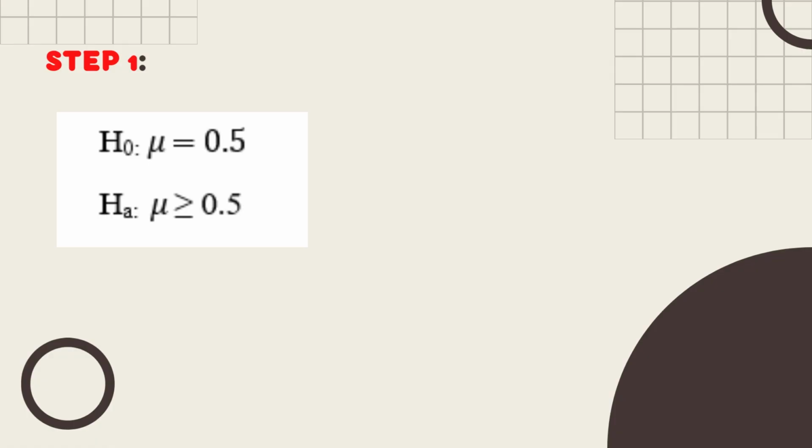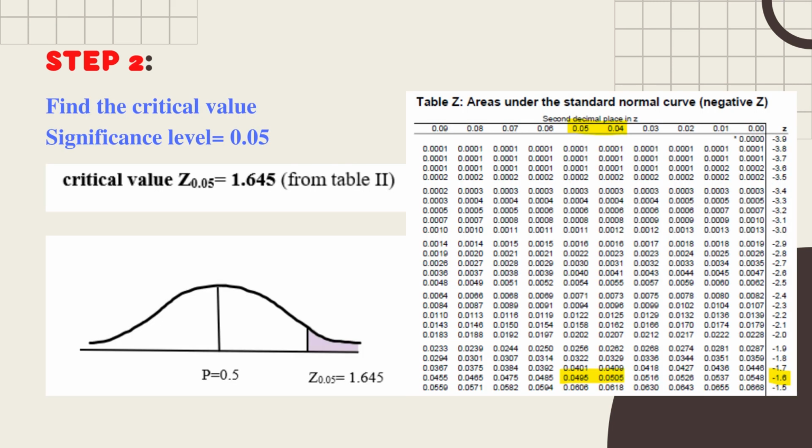Step 1. The null hypothesis is p equal to 0.5. The alternative hypothesis is p more than 0.5. Step 2. Find the critical value. The significance level is 0.05, so the critical value is 1.645.